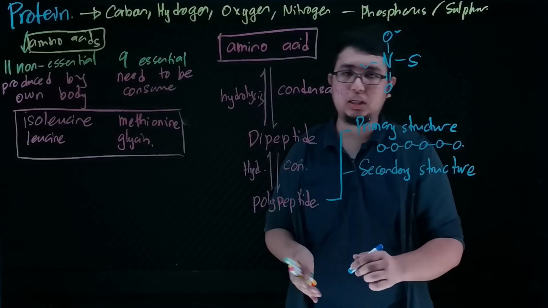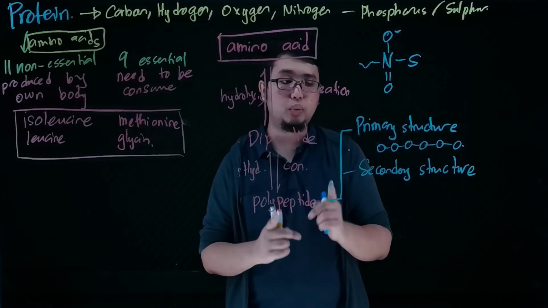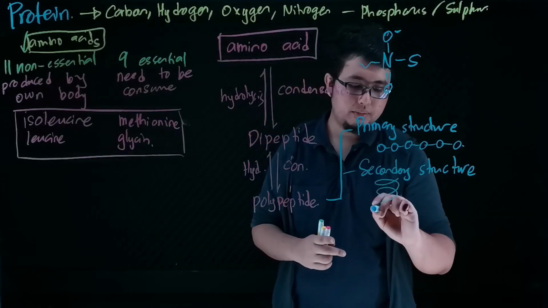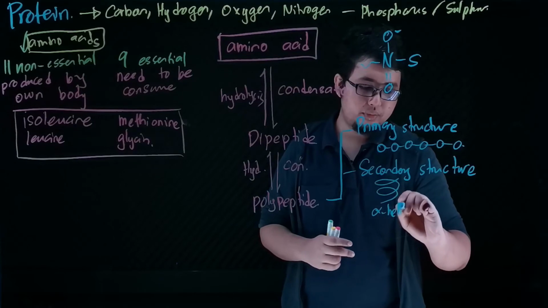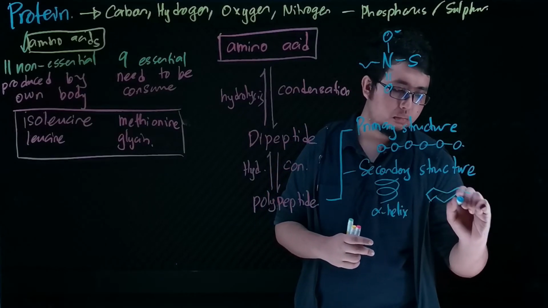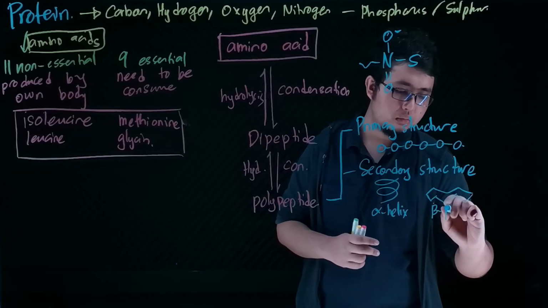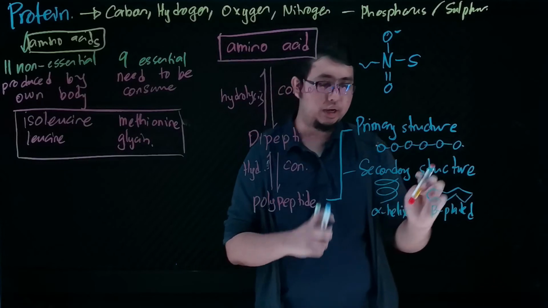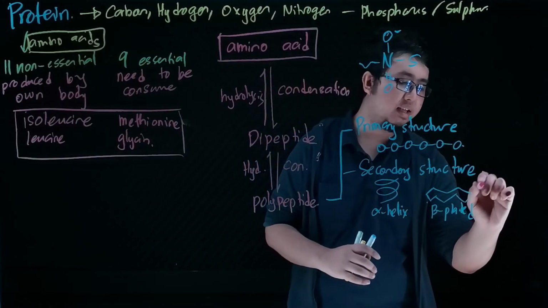This secondary structure are making up the two main ones, what we call the alpha helical and the beta pleated sheet. So the alpha helical, the secondary structure, is something that we see in silk.